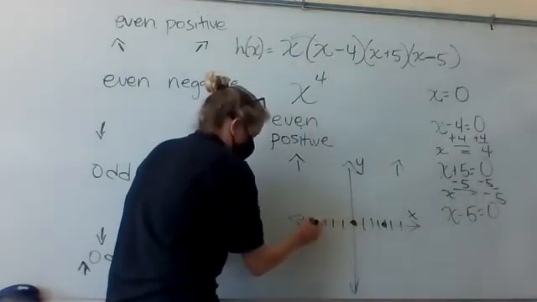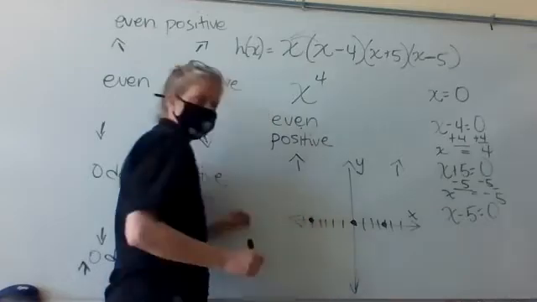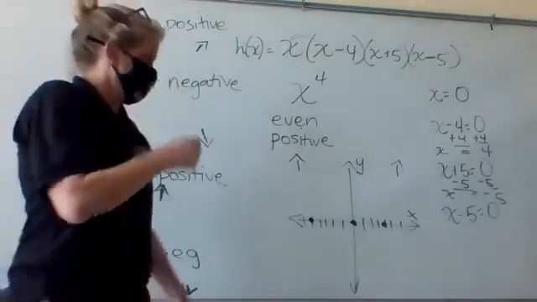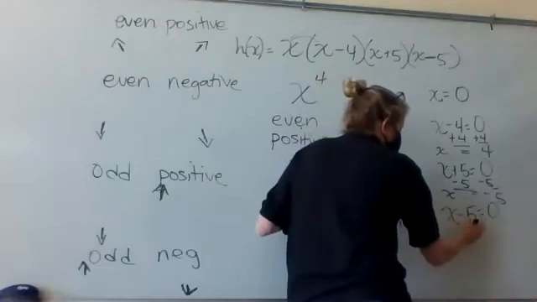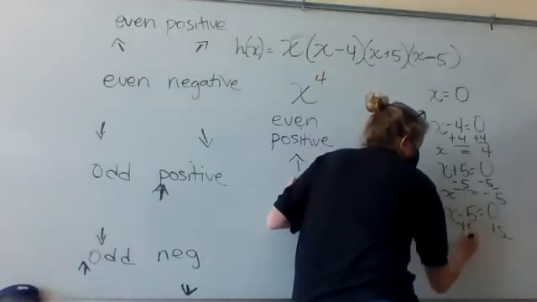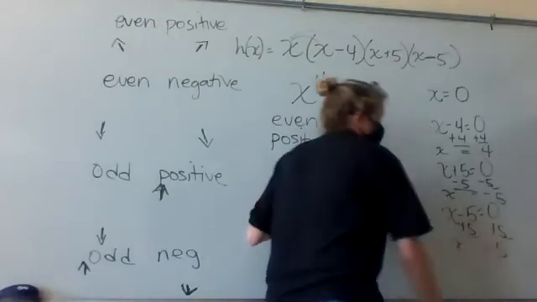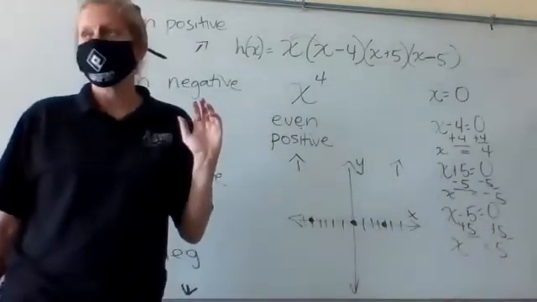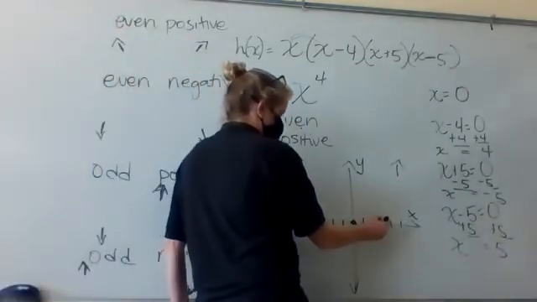1, 2, 3, 4, 5. And the last one, if I added 5 to solve that for x, I get x equals positive 5. So there's another x-intercept. 1, 2, 3, 4, 5.